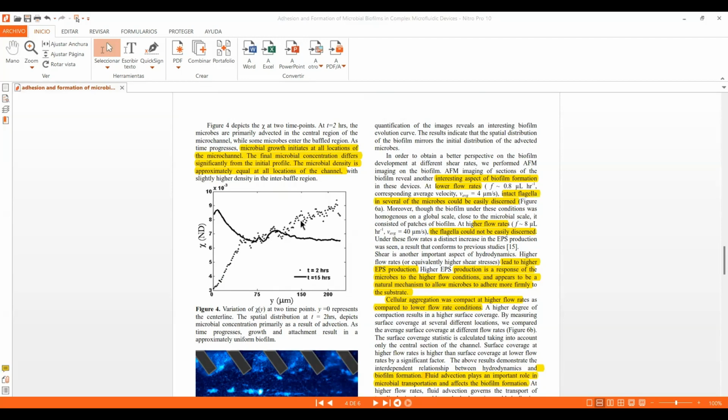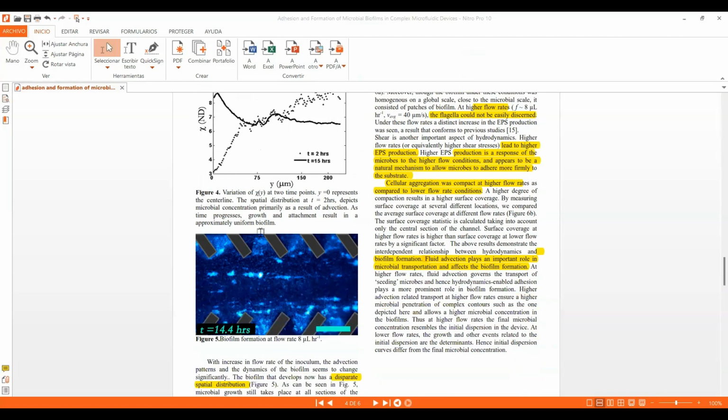And we can observe that it's very different at the first hours than the rest of the hours. With increased flow rate of the inoculum, the patterns and the dynamics of the biofilm seem different.